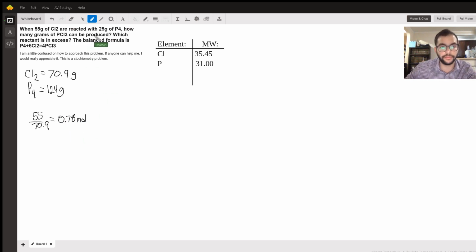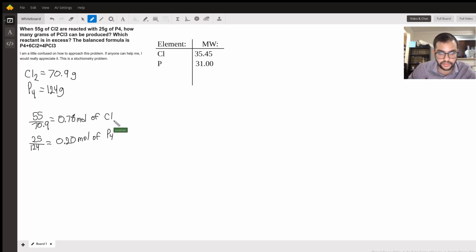Now, we do the same thing for P4: we take 25 divided by 124. Let's just write this down. 0.78 moles of Cl2. And then we have 25 over 124, which is equal to 0.2 moles of P4.